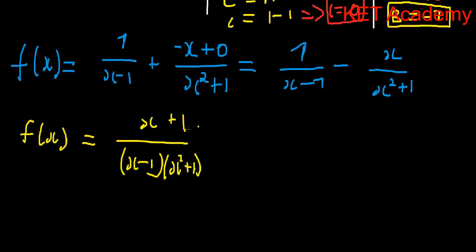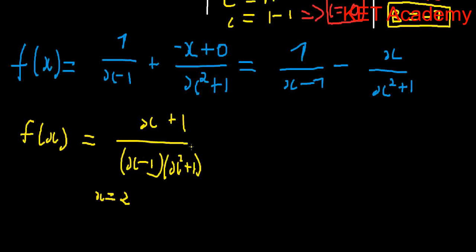So now, if we let x be a value like 2, I will not take 1 because when x is 1, this function f of x will not exist. So always make sure to check.